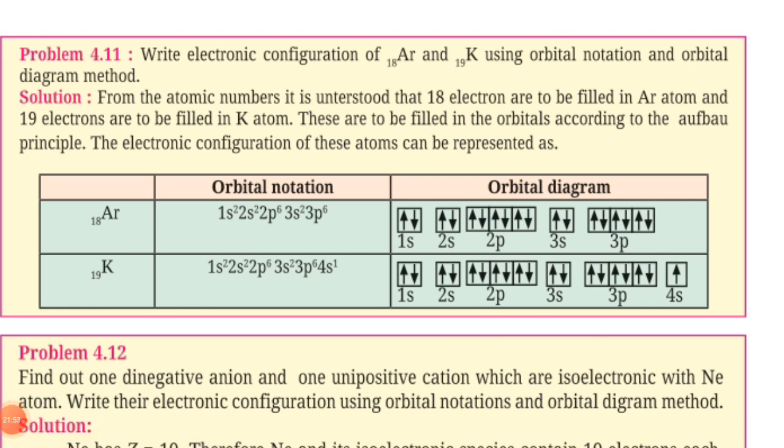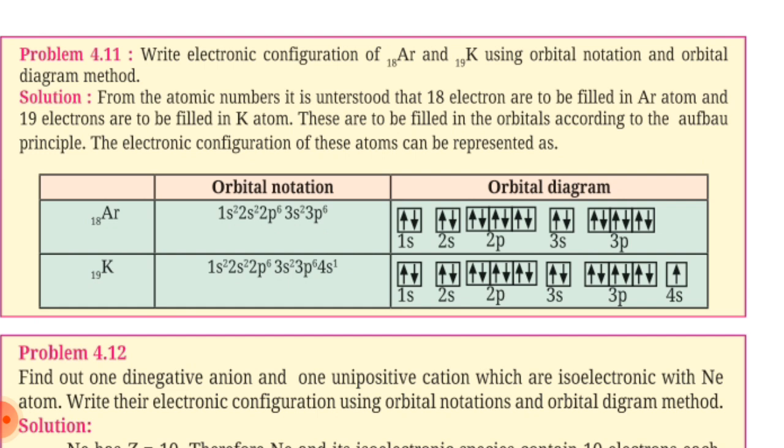Problem 4.11. Write the electronic configuration of 18 argon and 19 potassium using orbital notation and orbital diagram method. Solution. From the atomic number, 18 electrons are to be filled in argon and 19 electrons in potassium.